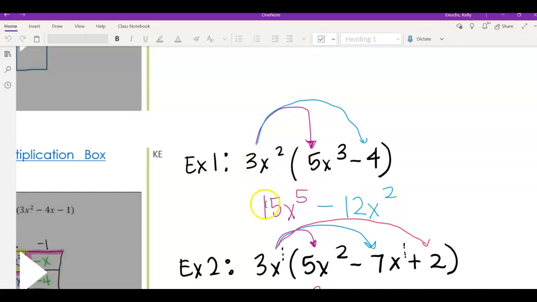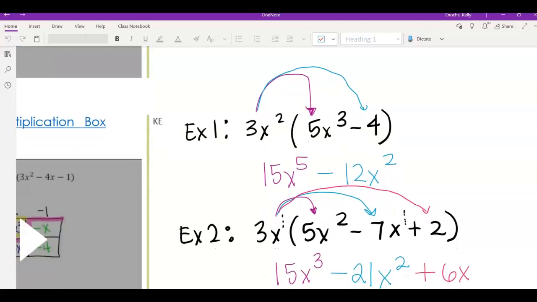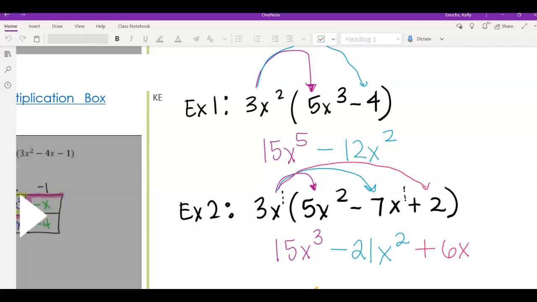So my total answer here is 15x to the fifth minus 12x squared. Okay? You can do that for any set of polynomials. So if I have one term times three terms, one term times seven terms, if I really wanted to, I could just keep distributing and distributing and distributing and adding all of those exponents together.